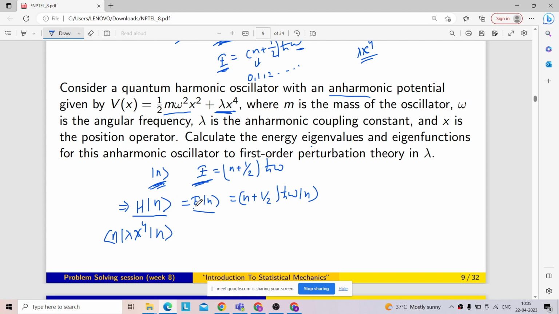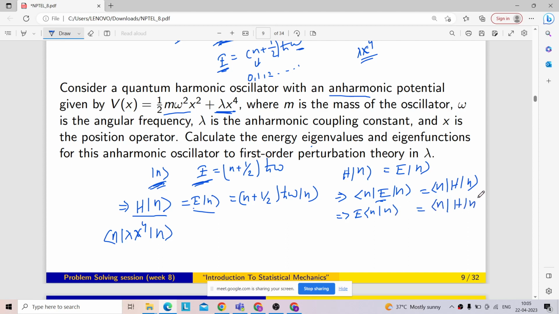So if I want E, then I will operate the <n| state on this equation, then this will become <n|H|n>. E is a number, so it will go out, and this is <n|n>.